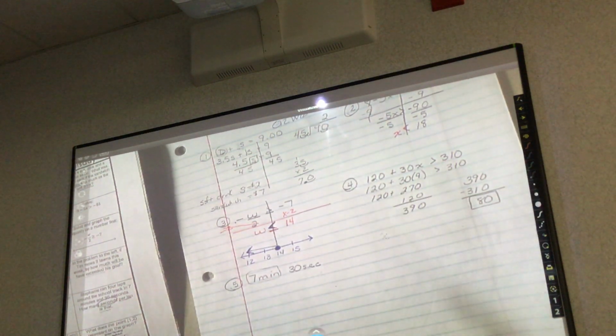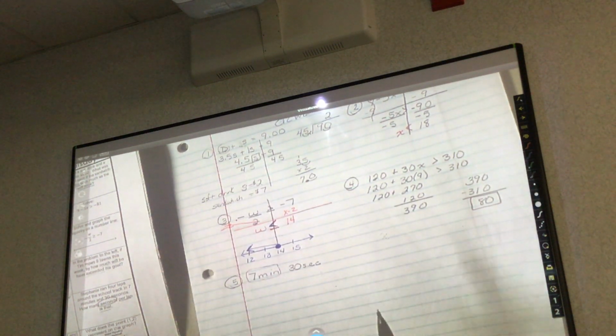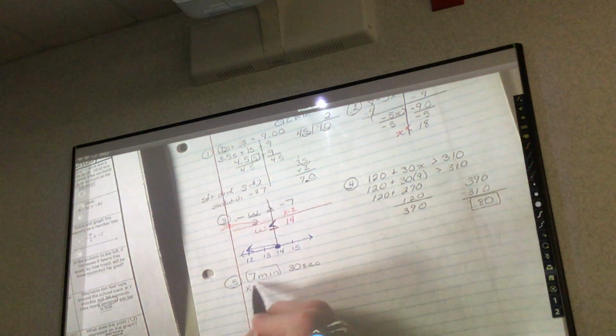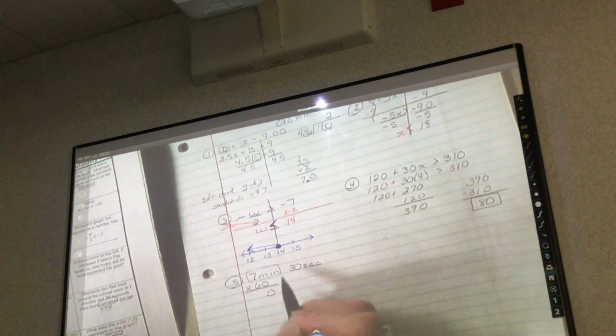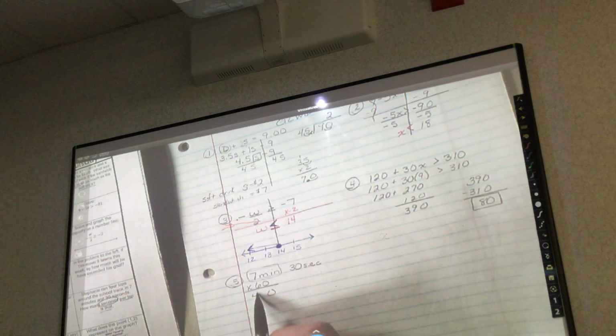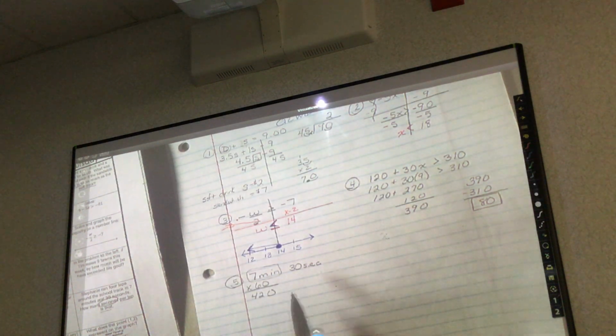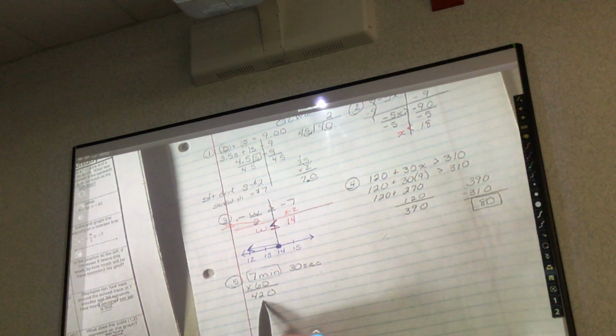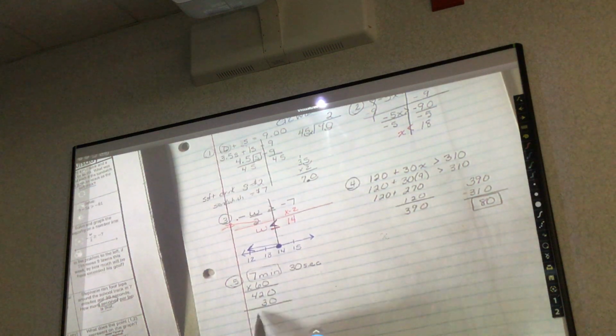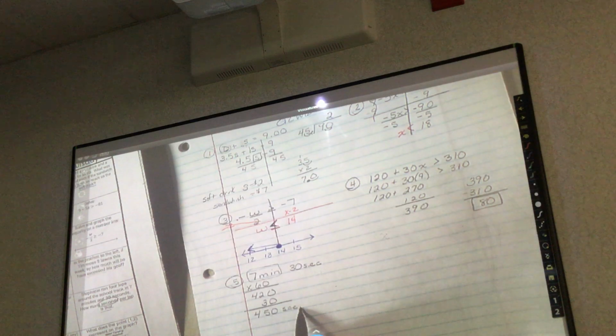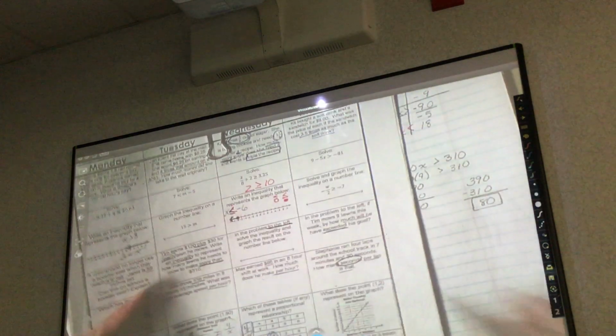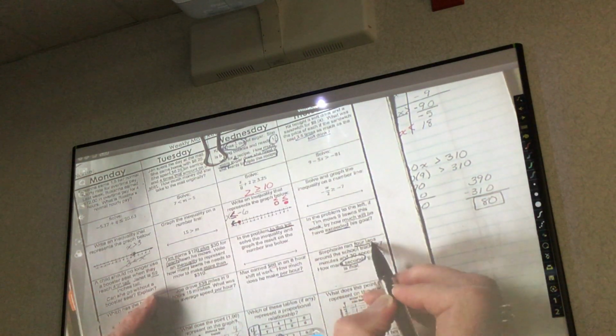How do I change minutes to seconds? Times it by 60. I hang out that 0, bring it down. 6 times 7 is 42, and then I'm going to add my 30 seconds to that. So it took her 450 seconds, but it said 4 laps.